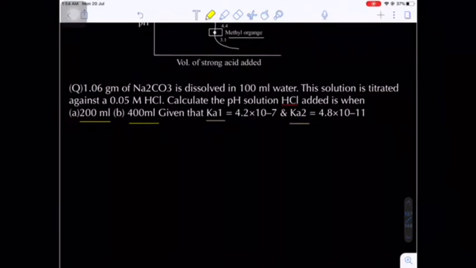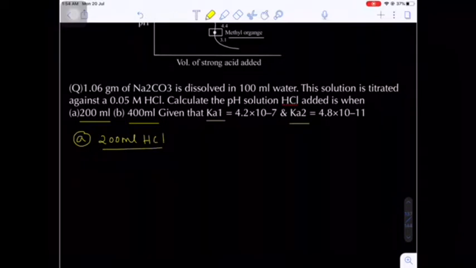And the dissociation constants: carbonic acid is a weak acid, so it has two dissociation constants, that is Ka1 and Ka2. Ka1 is 4.2 into 10 raised to minus 7, Ka2 is 4.8 into 10 raised to minus 11. Now first of all, two questions are there.